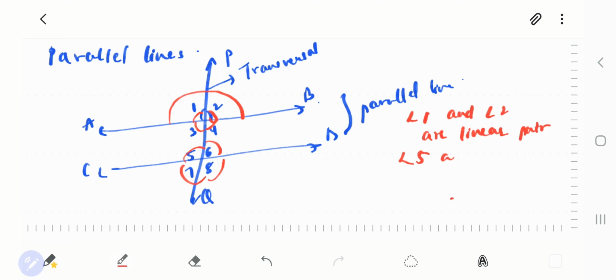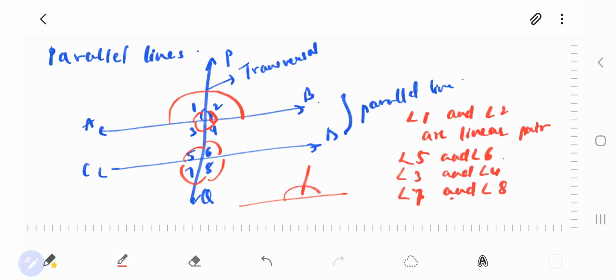Similarly, angle 5 and 6. Similarly, angle 3 and 4. Similarly, angle 7 and 8. They are all linear pair, that is, they are formed on one line.